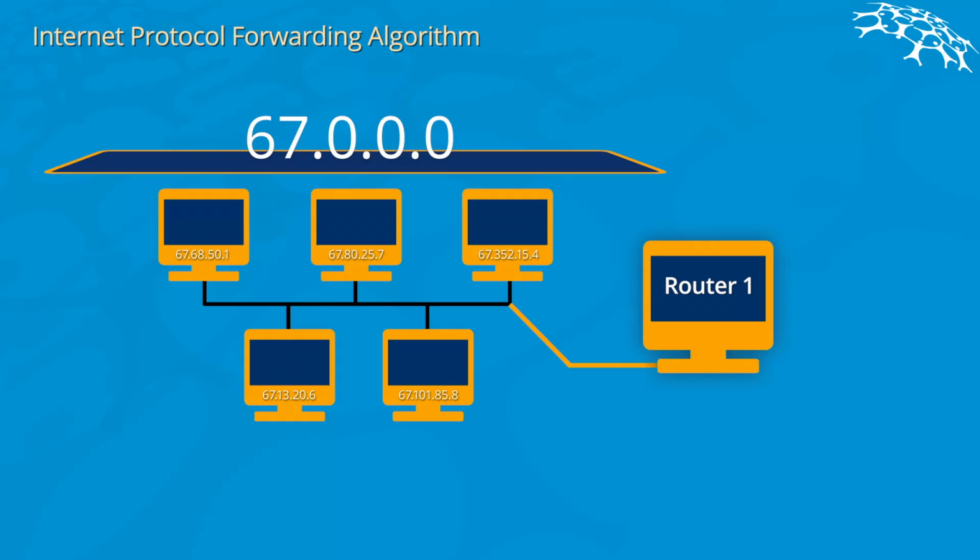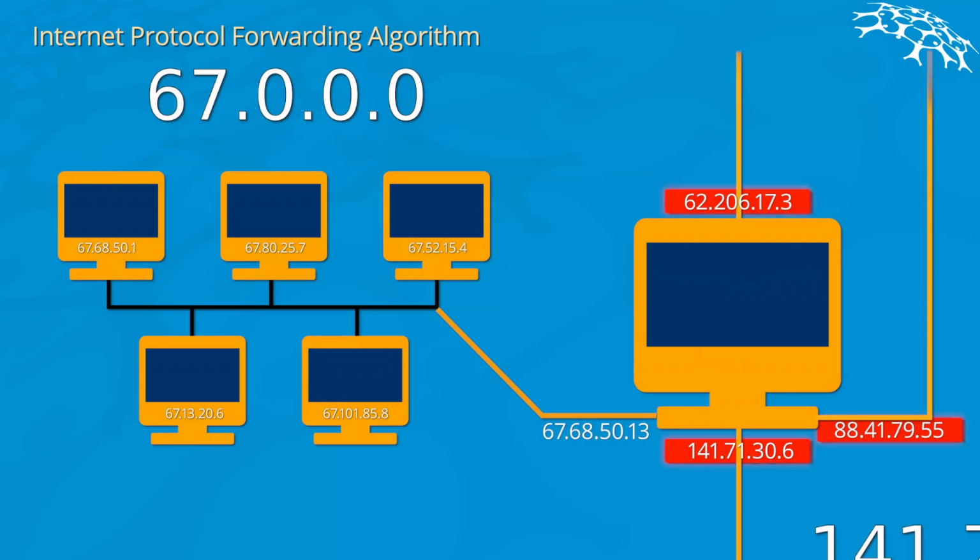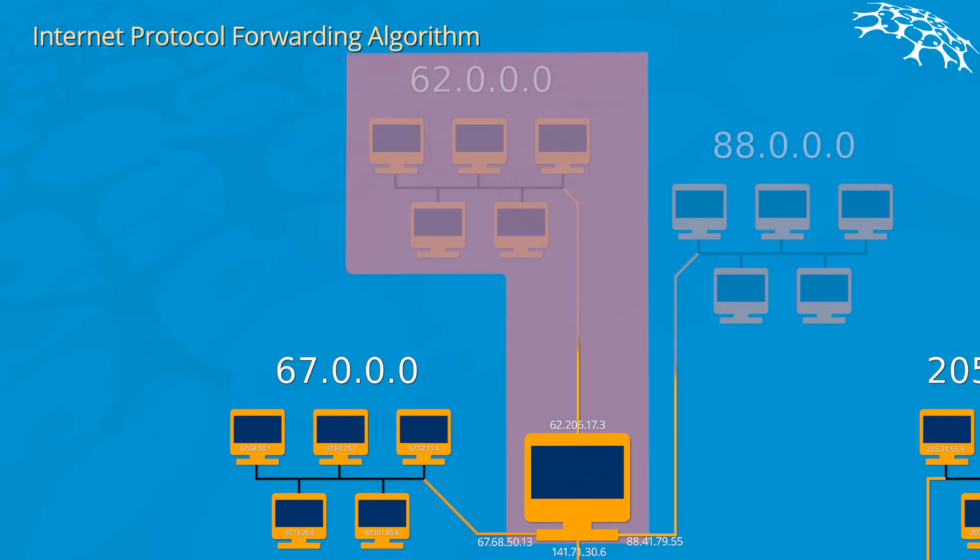As a computer in the 67.0.0.0 network, it has been assigned the IP address 67.68.50.13. Router 1 also has 3 more Ethernet devices. One, for example, has the IP address 62.206.17.3, which indicates that router 1 is also part of the 62.0.0.0 network.